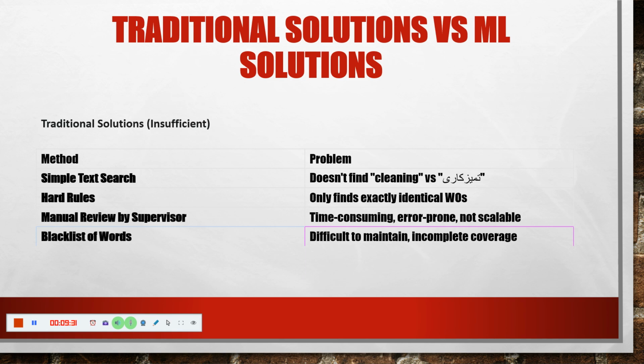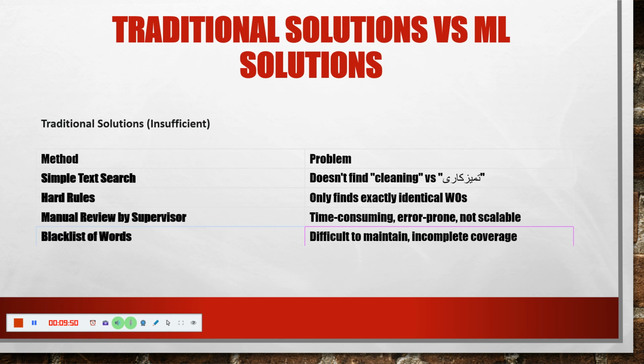As you know, these methods are important and help us detect some duplicated work orders, but they are not enough because they have some problems.